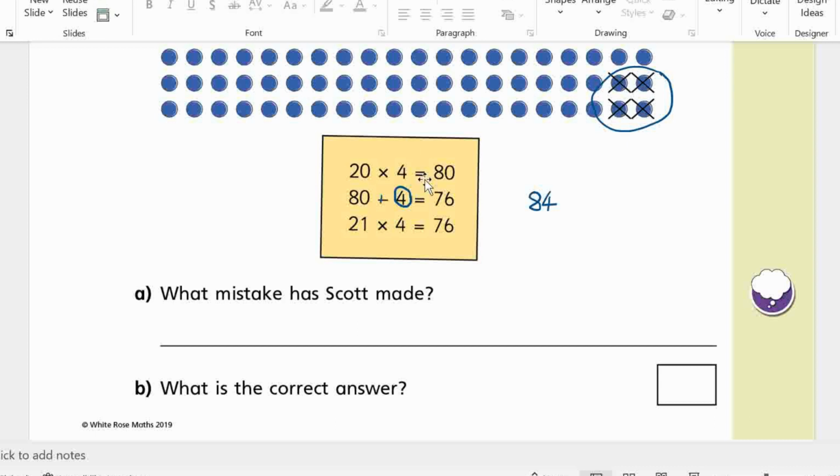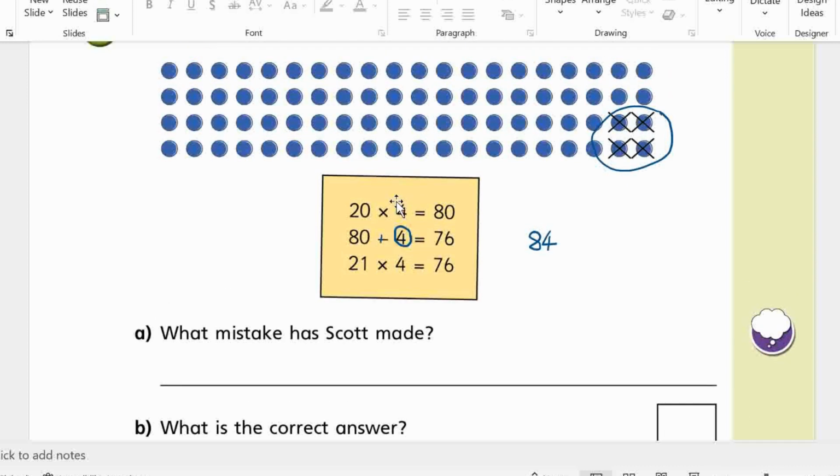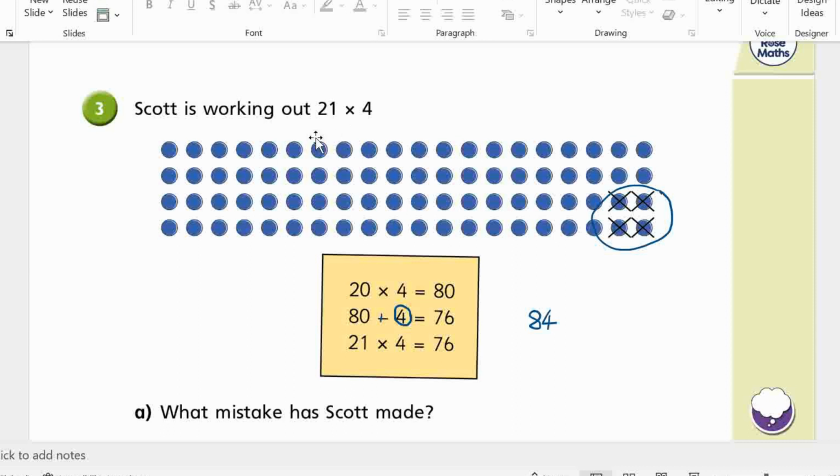I think this mistake could easily be made, because in some cases you do add, in some cases you do minus, but that's usually when you've timed it by a larger number. For example, if you did 25 times 4, what is the answer? It is 100. And then, because this number is too big, it should be 21, so you have to take away 4 times 4.